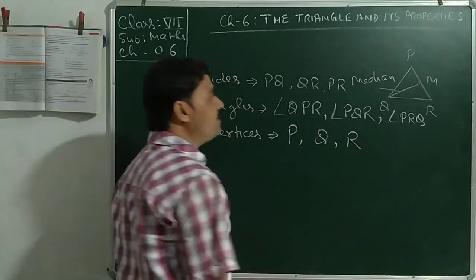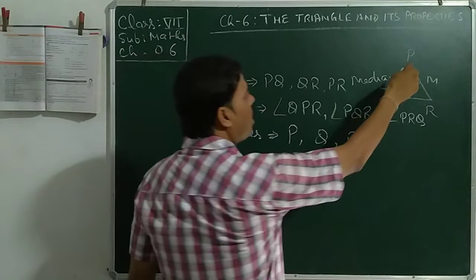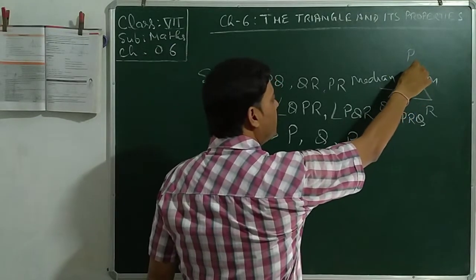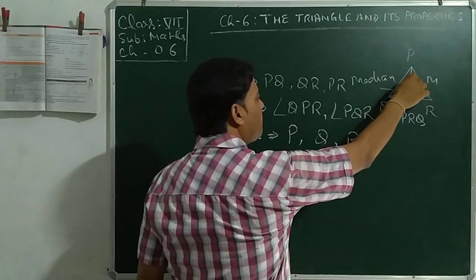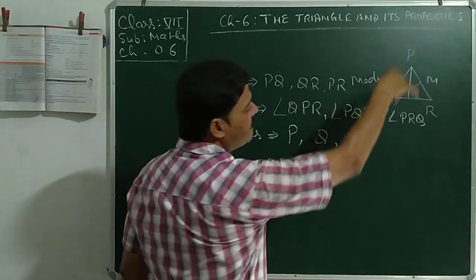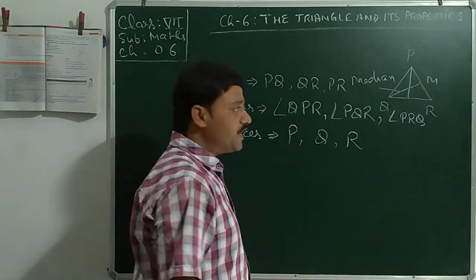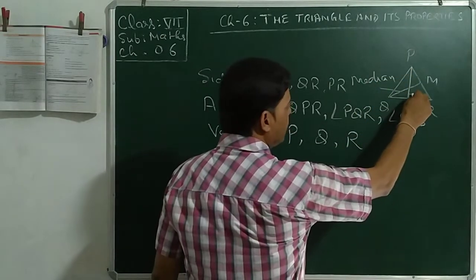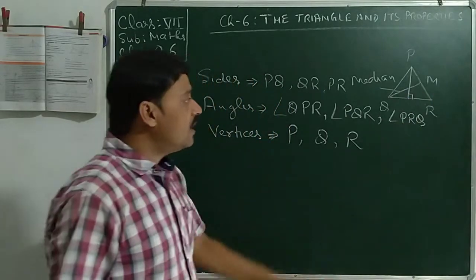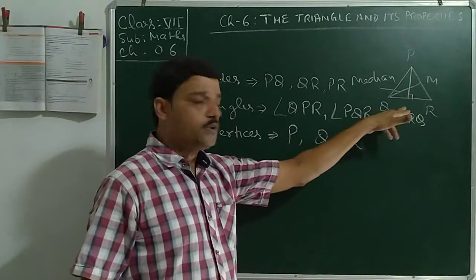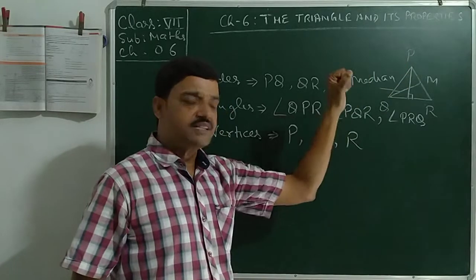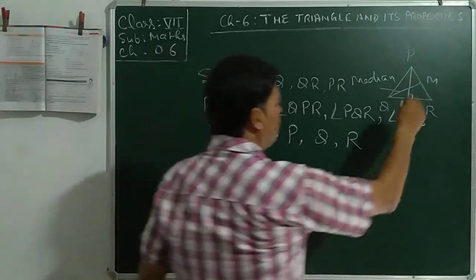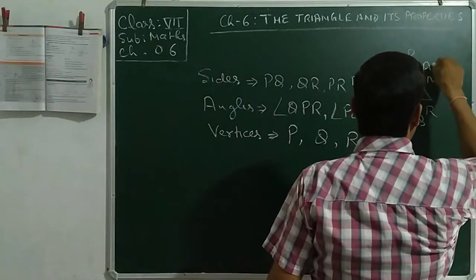And similarly, if you draw one perpendicular from the opposite vertex on that side, that is forming the angle of 90 degree on the opposite side from the opposite vertex, then you will get the altitude of the triangle.